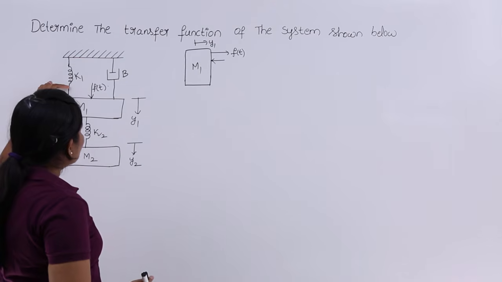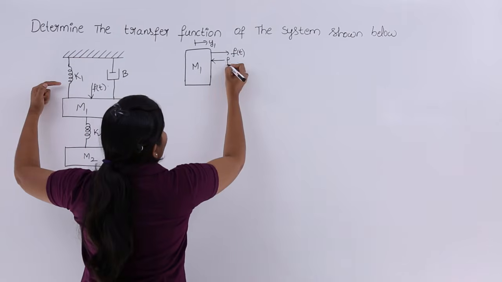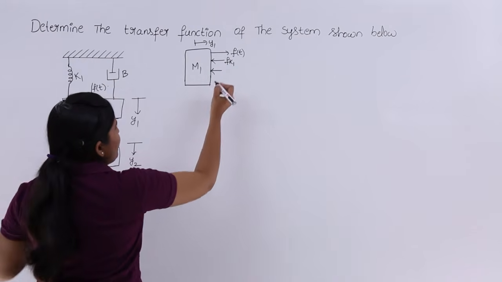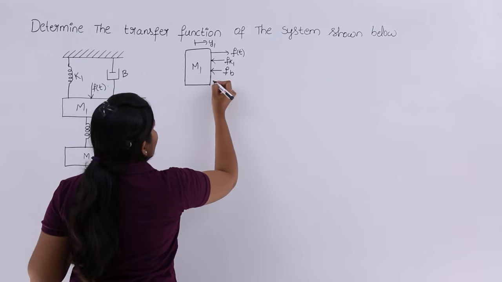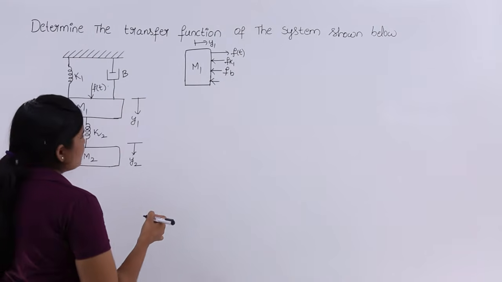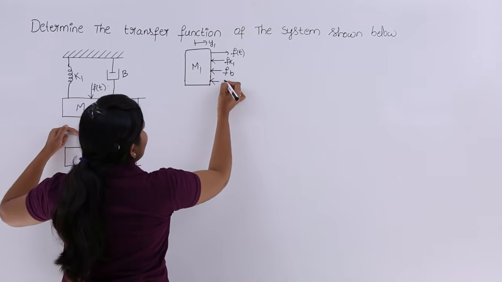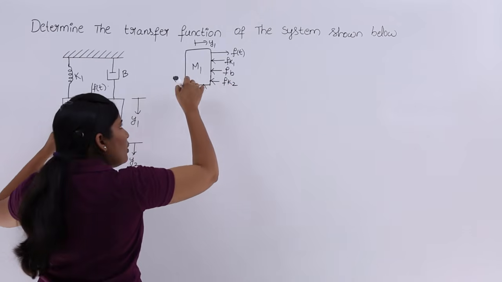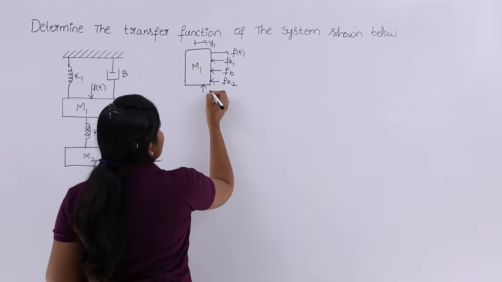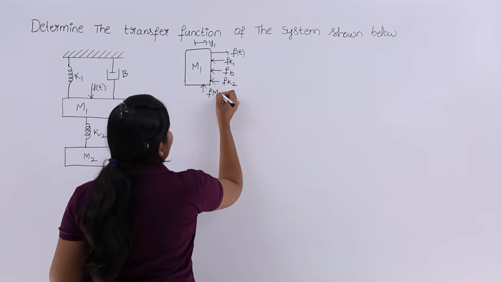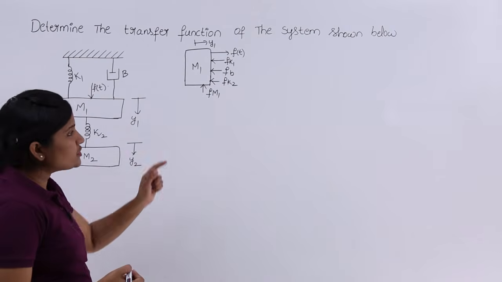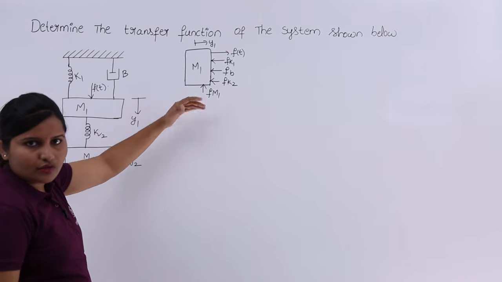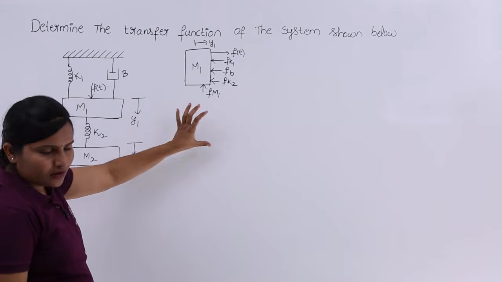So, the force due to K1 is Fk1, another force is due to the dashpot, Fb, another force is due to K2, Fk2, and the force due to its own mass, Fm1.